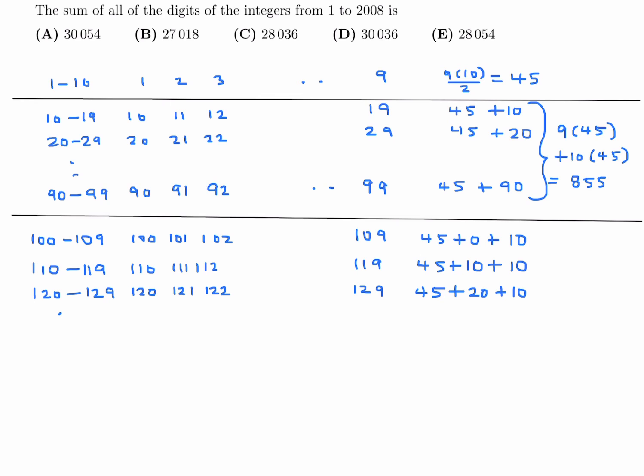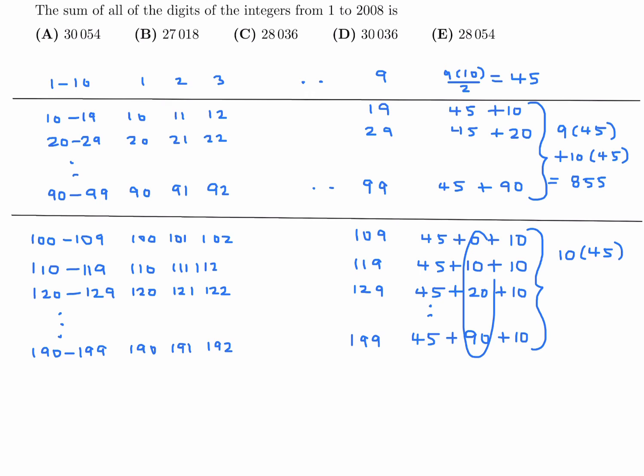And then I'll just jump to the 190s. 190 to 199, units digits 45, tens digits give me 90, and the hundreds digits give me 10. So adding up all of these, how many 45s am I going to have? Well, it looks like I'm going to have 10 of those, so 10 times 45.